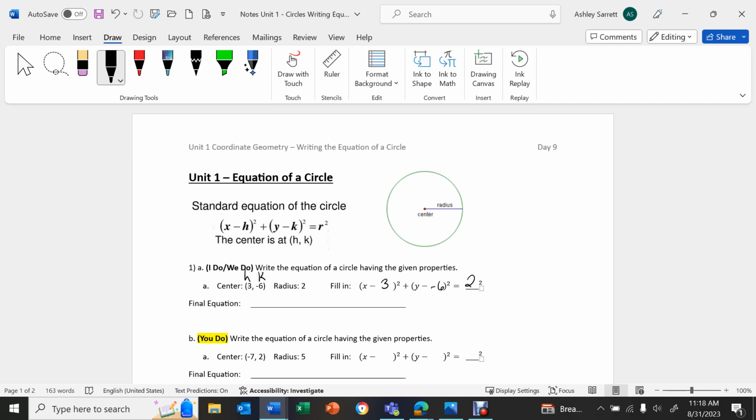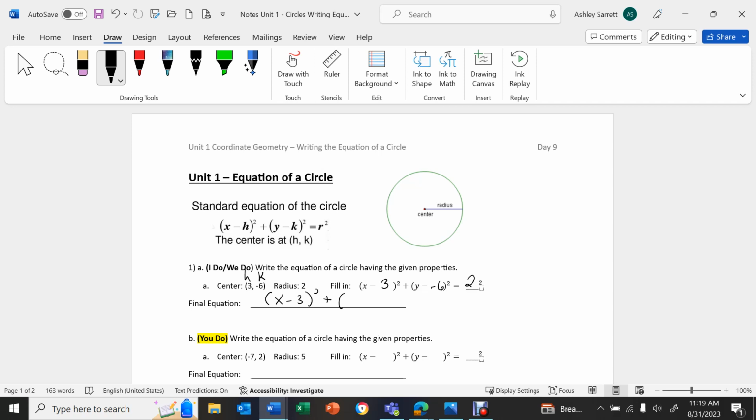All right, now I want to make sure if there's anything I can simplify, I simplify it. And I also want to make sure that I actually do write the radius squared. So I'm going to clean up what I have here for my final equation. So I have (x minus 3) squared plus, now right here I have y minus a -6.